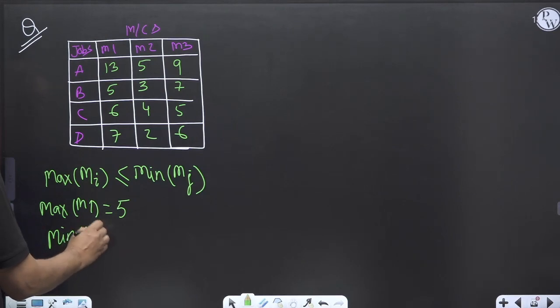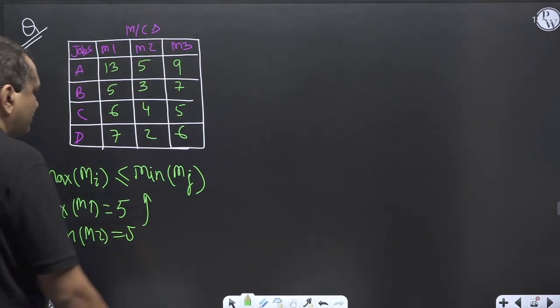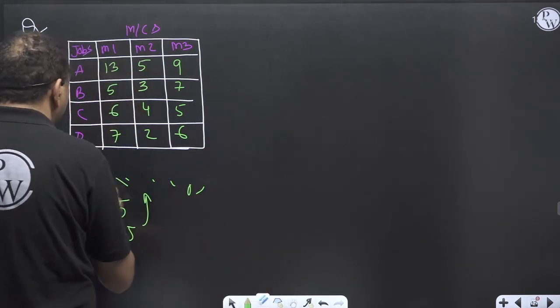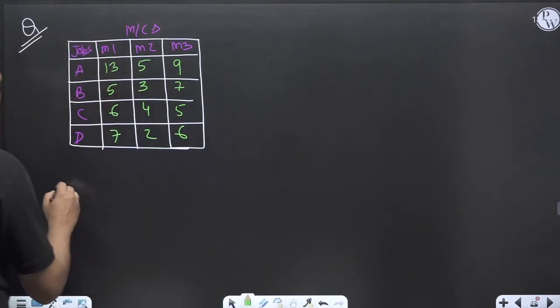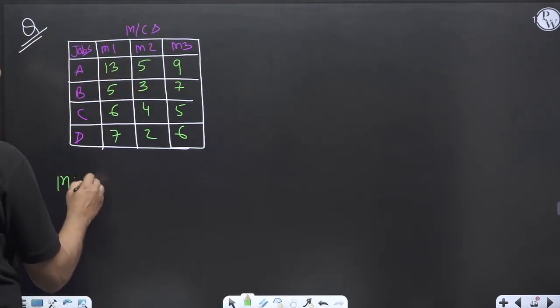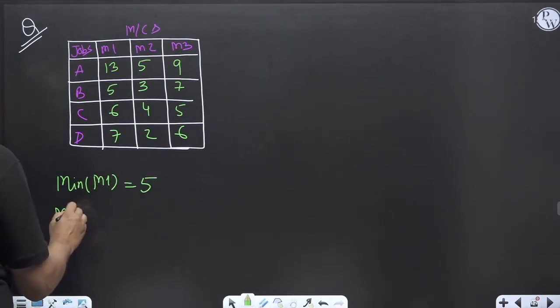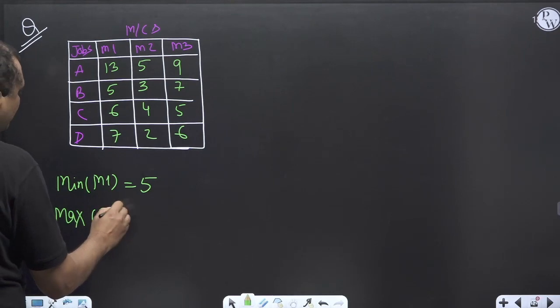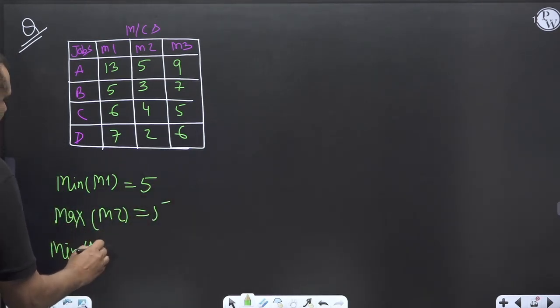The minimum time of machine 2 is also 5. So is this condition satisfied or not? The minimum time of machine M1 is 5 and the maximum time of machine 2 is also 5.